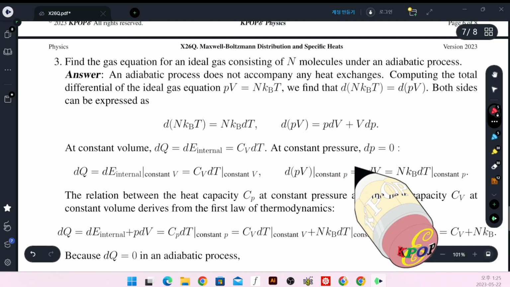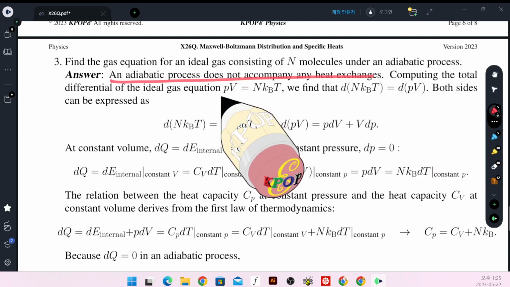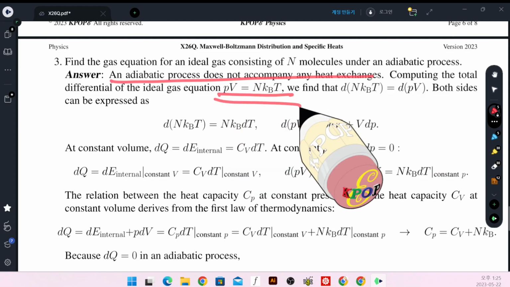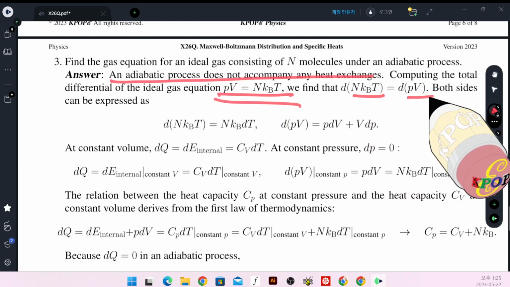3. Find the gas equation for an ideal gas consisting of n molecules under adiabatic process. In an adiabatic process, we do not exchange any heat. And then I still have the ideal gas satisfying the ideal gas equation. If I make a differential of both sides, this is still an identity because they are the same.